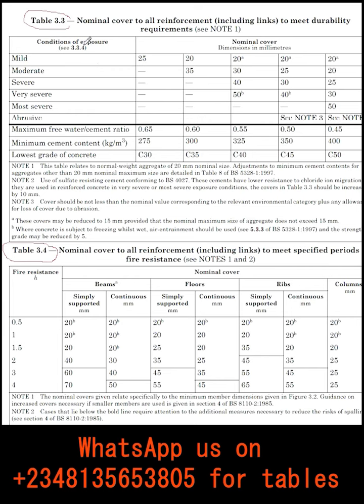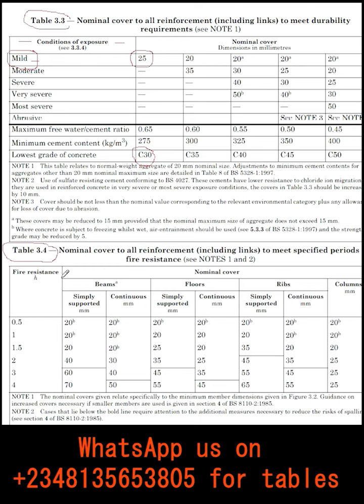So for your durability, you consider the condition of exposure. We have different conditions of exposure: the mild, moderate, severe, very severe, most severe, and abrasive. So if your condition of exposure is mild and your characteristic strength of concrete is, say, grade 30, that's C30, and mild condition, your nominal cover will be 25 mm.